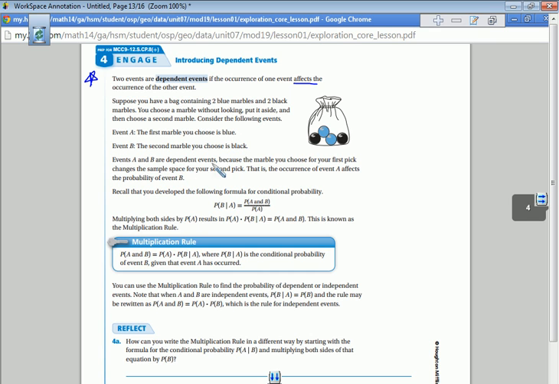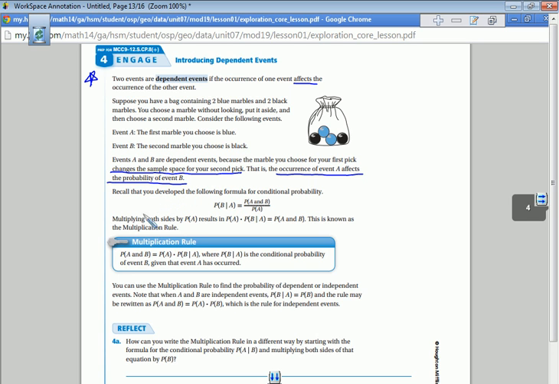Events A and B are dependent because the marble that you choose for your first pick changes the sample space for your second pick. My first pick changes it for my second pick. Does that make sense? Therefore, the occurrence of A affects the probability of event B happening.